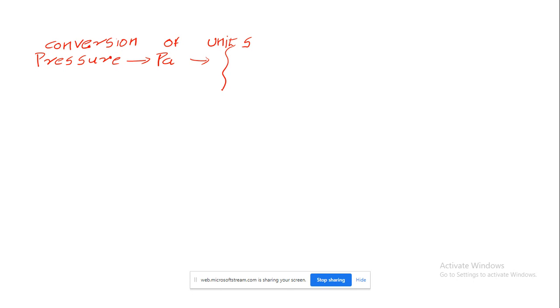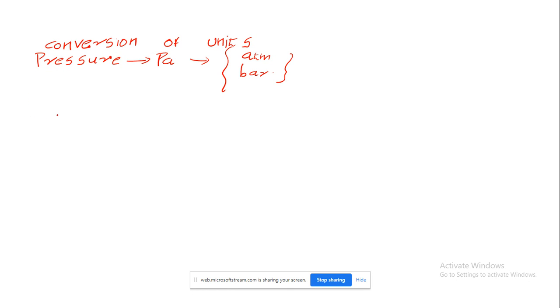But usually it will be given in atmosphere or bar or something like that. So whether it is atmospheric unit or bar, it is necessary to convert these units to SI units. Okay, so you have to convert these into Pascal.